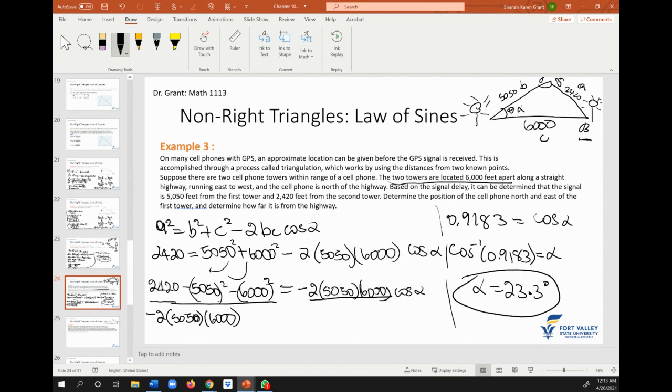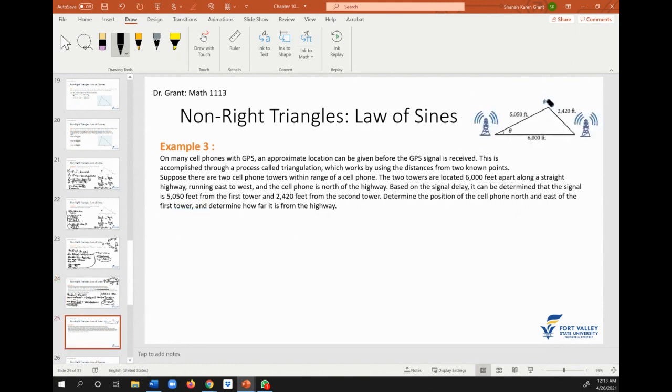Okay, so now as it relates to the second part, we're asked to find how far it is from the highway. So this is another piece of the puzzle. The distance from the highway is actually a straight line, which is the height of the triangle. And so in this instance, we're trying to find the height of the triangle.